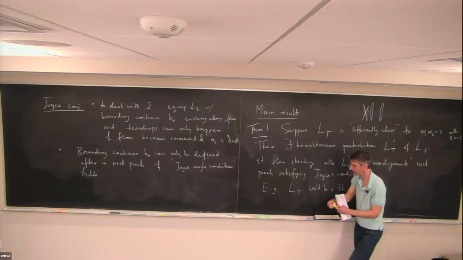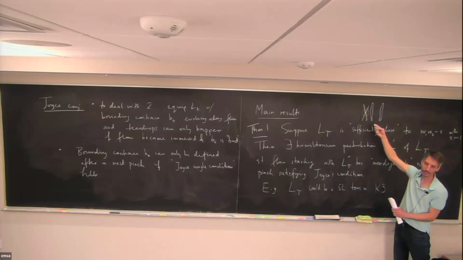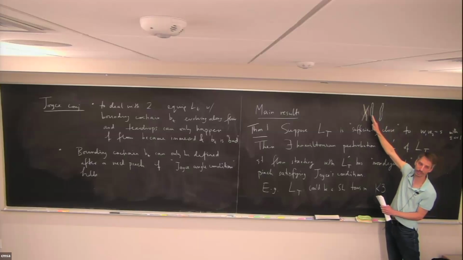So in particular, this will give you examples of these finite time singularities, starting with something that's arbitrarily close to special Lagrangian. And what's also interesting is that these guys are already special Lagrangian. So if you actually start with the fiber, the flow doesn't do anything.